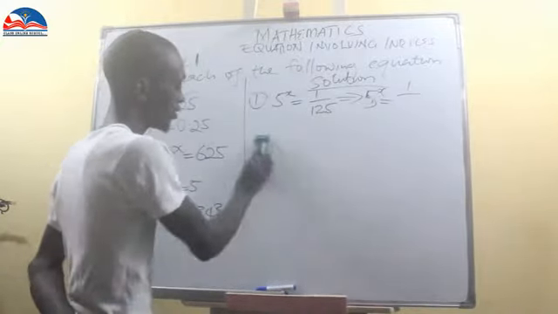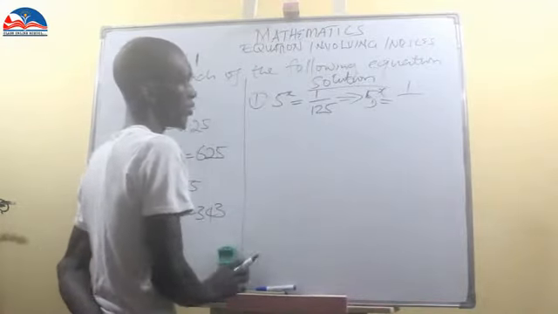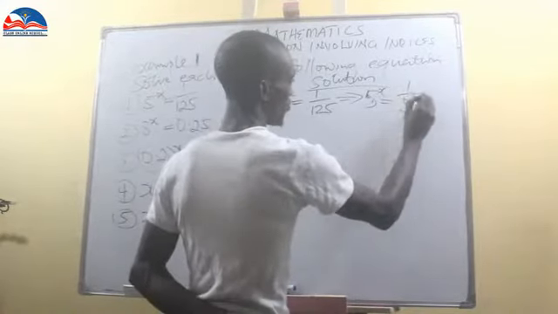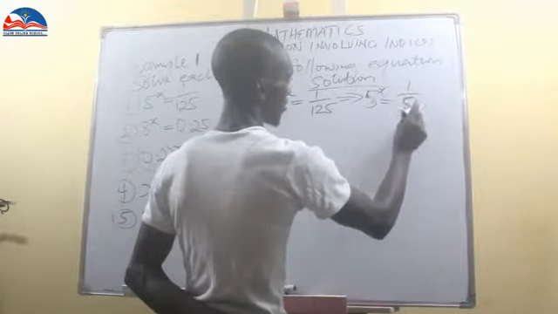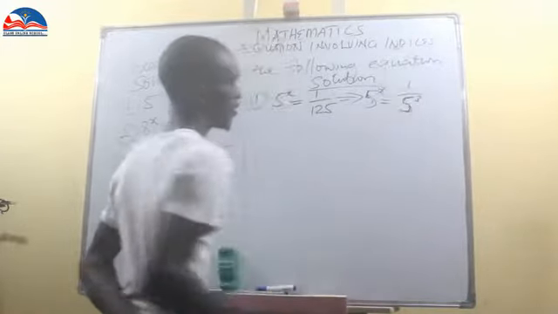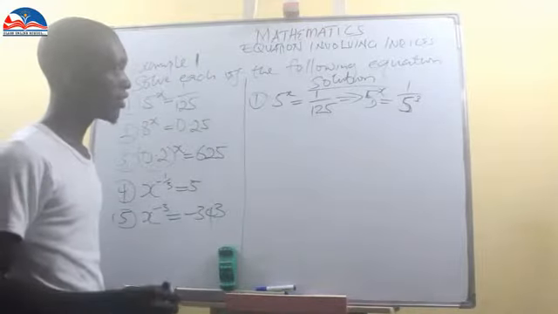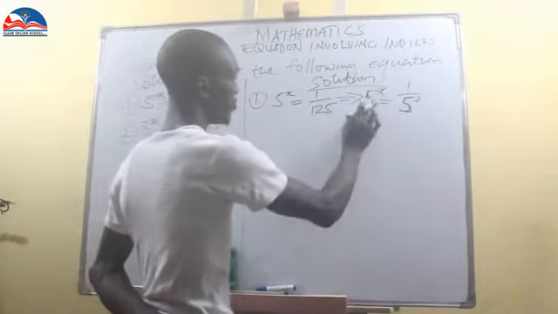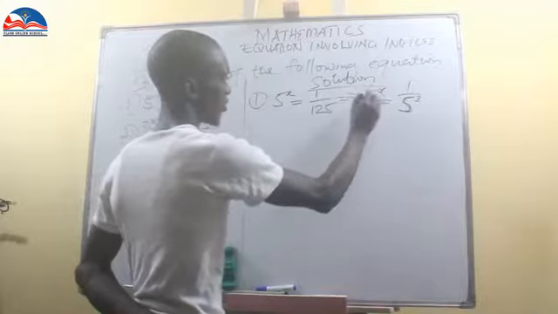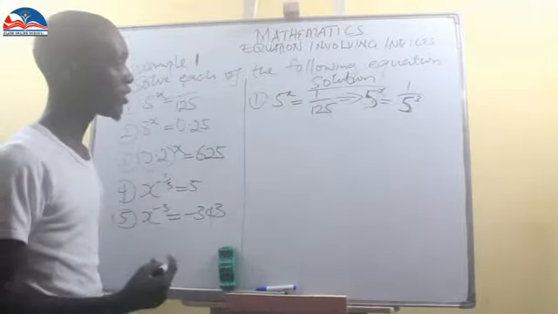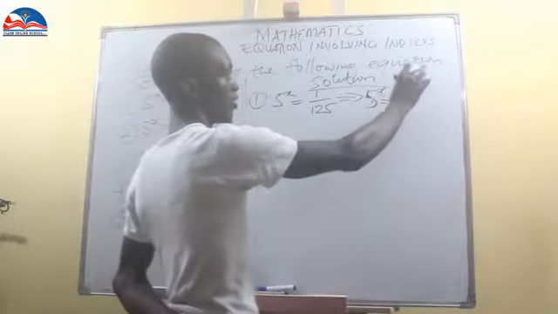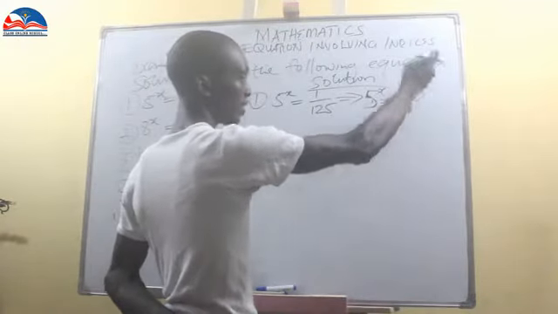So we have 5 index 3. We have put 125 in the same base with 5. The next thing to do is 1 over 5 index 3.